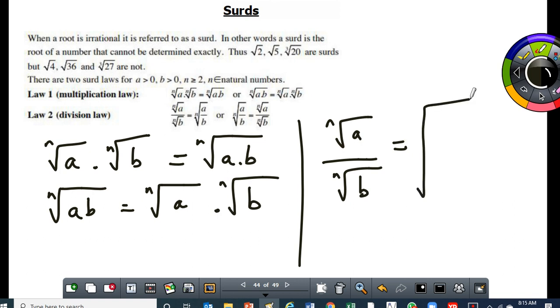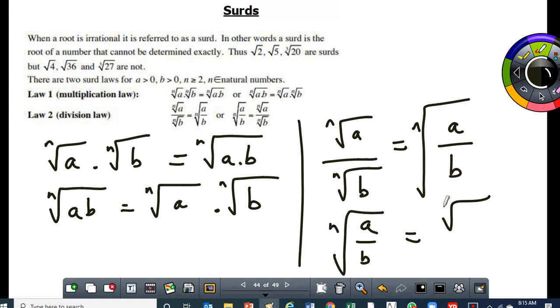So the nth root of A over the nth root of B is going to be equal to the nth root of A over B. Furthermore, if I give you the nth root of A over B, you can also split it up and write it as the nth root of A over the nth root of B. So those are our two laws, that is the multiplication law and the division law. They are extremely important when you are dealing with surds.